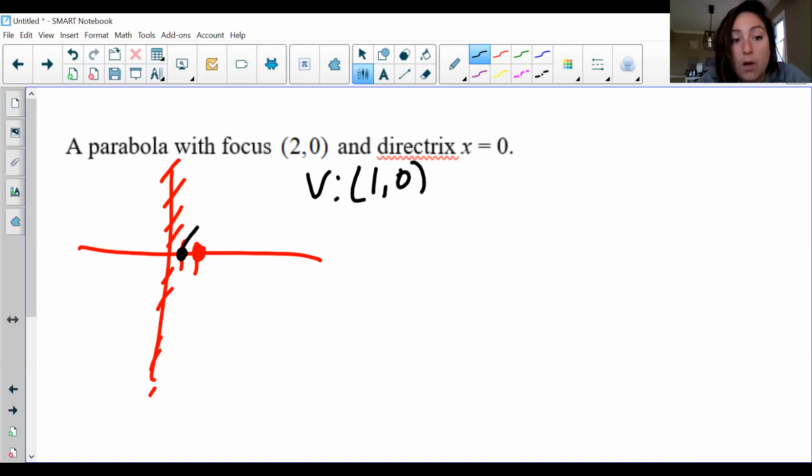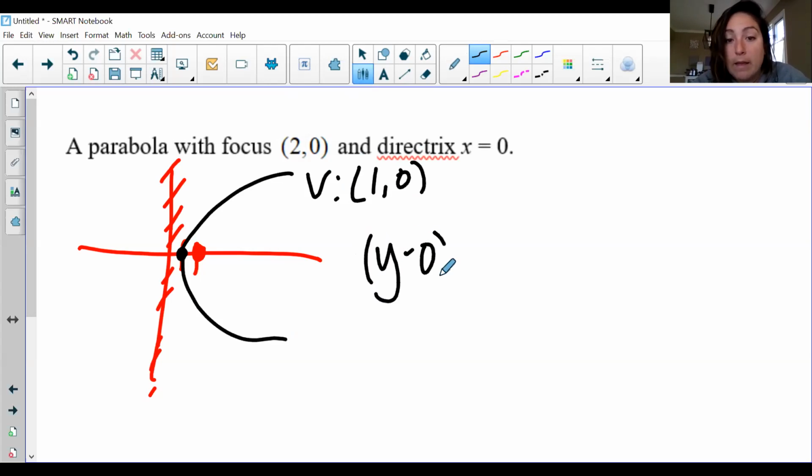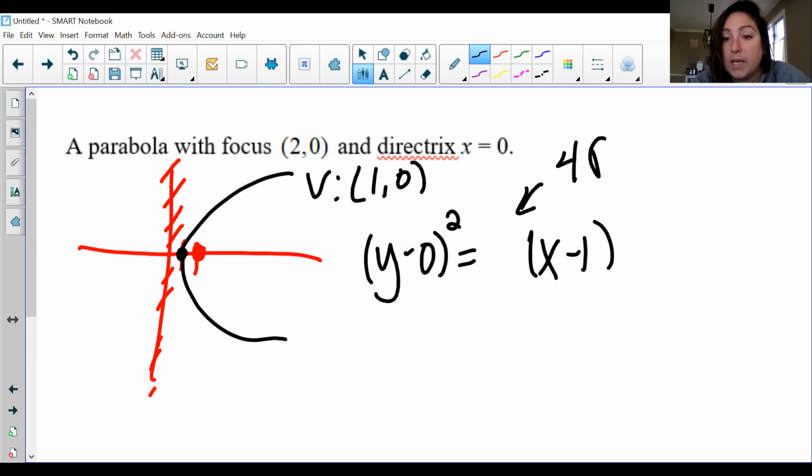Also, parabolas always open towards the focus and away from the directrix. So I know that we're going to have y squared because it's opening to the right or to the left. So we have y minus 0 squared equals something times x minus 1. So this here is 4p.